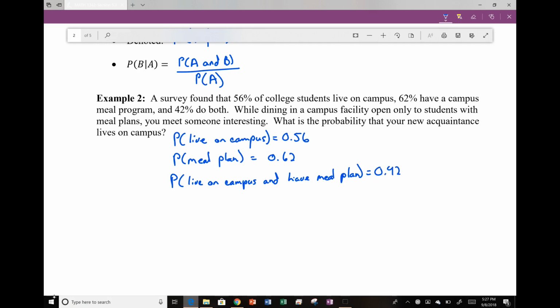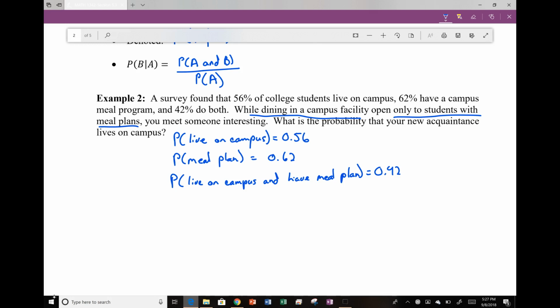While dining in a campus facility open only to students with meal plans, you meet someone interesting. What is the probability that your new acquaintance lives on campus? Now we have to look at some of the information. While dining in a campus facility that is only open to students with meal plans. So what information do we know about this person?